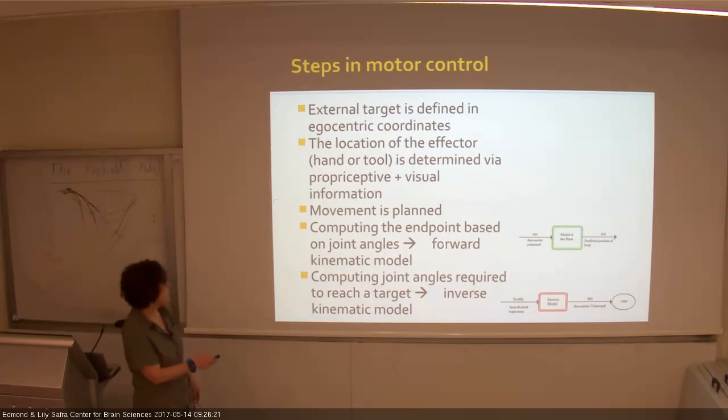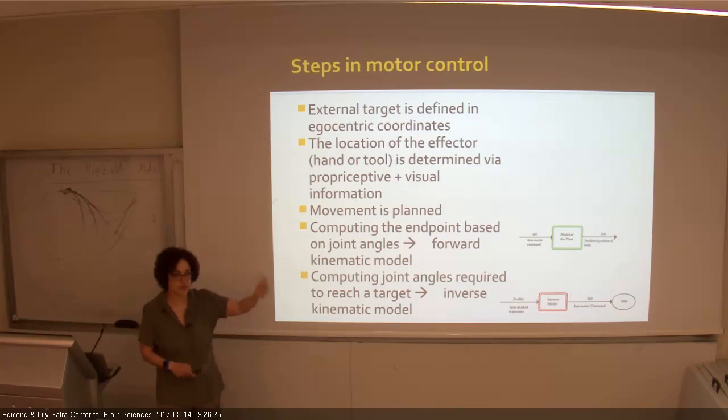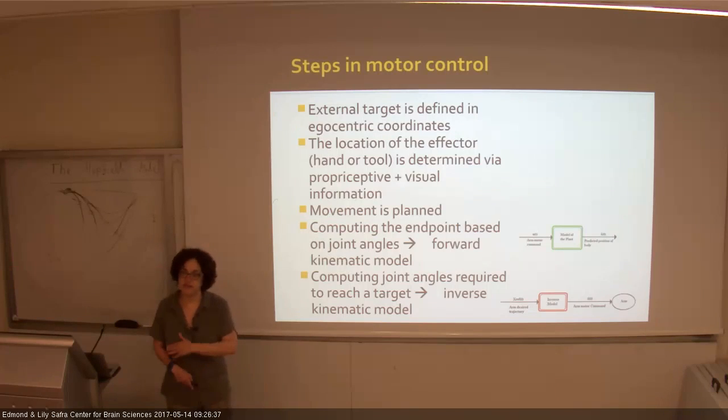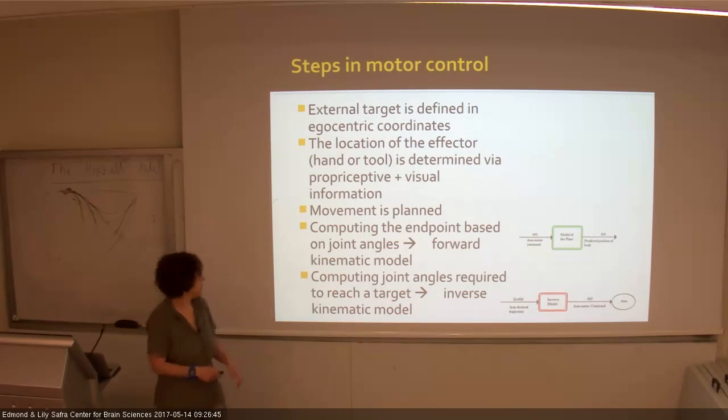Now, this is what we call a forward kinematic model. Based on the joint angles, we know where the hand is, and we can actually make a movement, right? If I know the function of joint angle in time, I can predict the trajectory of my hand.